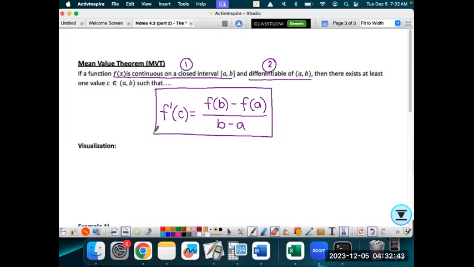Can you guys remind me, what does the derivative represent visually? Hopefully you said the slope of the tangent line. So this is basically saying that the slope of a tangent line at some X value in the interval will be the same as the slope of the secant line over that interval.